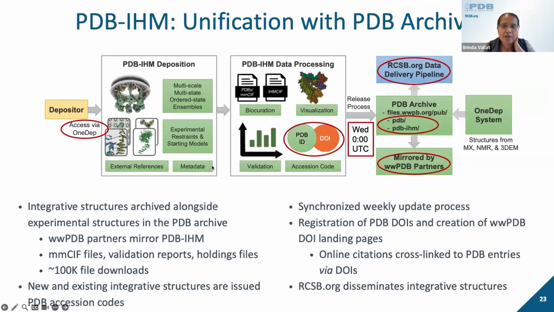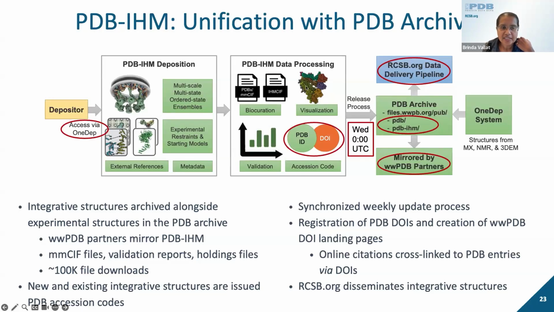This figure shows the current PDB-IHM data pipeline, including the newly added extensions that support integration with the PDB archive. The PDB-IHM deposition system can now be accessed from OneDep. The deposition system itself is the same, nothing has changed. You need to submit the integrative structures and spatial restraints and additional metadata, but you can access it from OneDep.